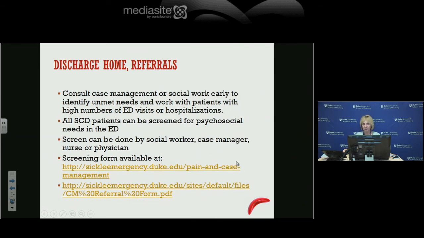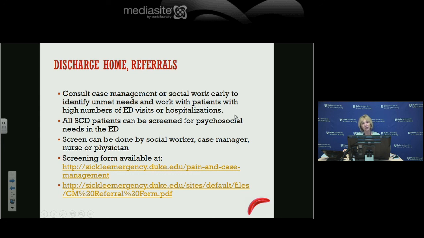The process in North Carolina that we're very fortunate with is to partner with Community Care North Carolina. CCNC, for Medicaid patients, every patient in North Carolina has a care manager, and they can assist with all those needs. We implemented the screen that you can get at this website, which anyone in the emergency department can fill out and fax to one number at CCNC.